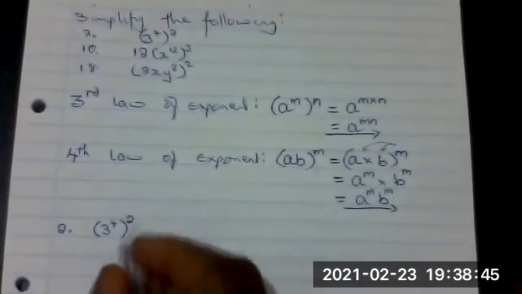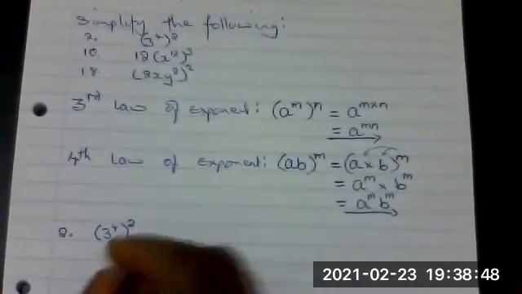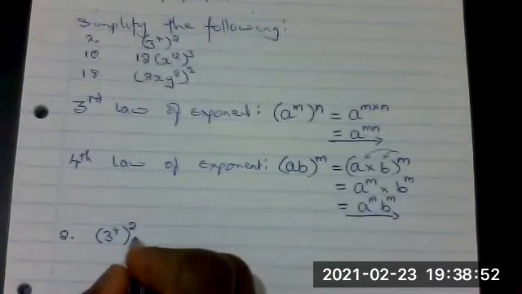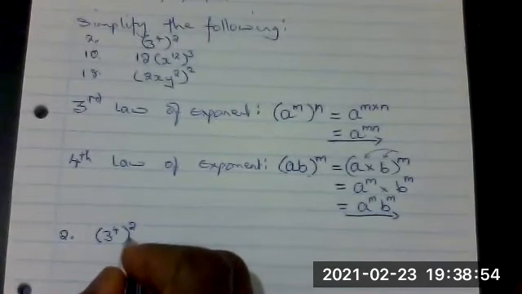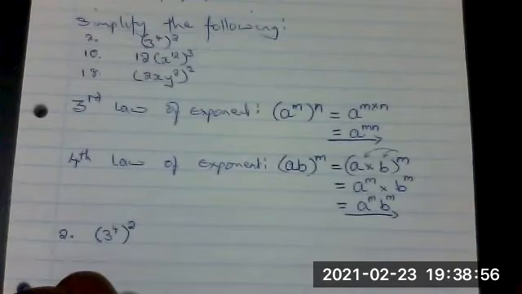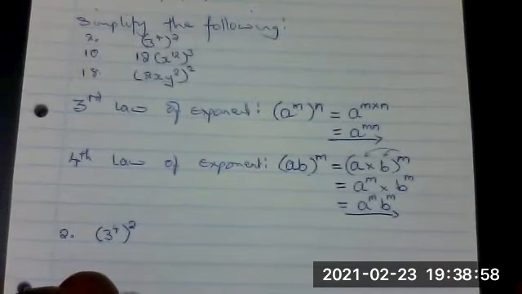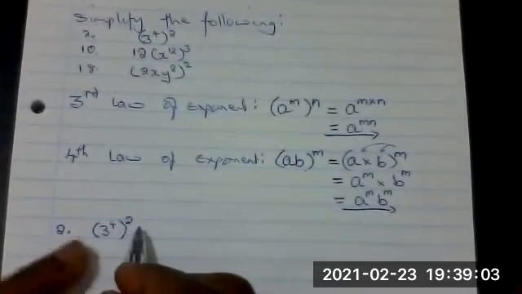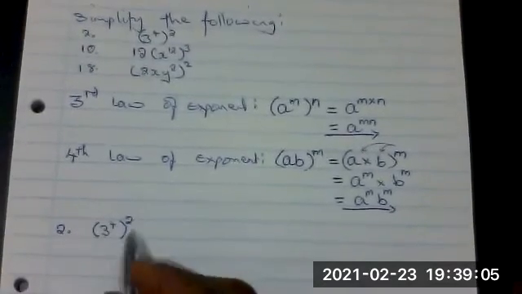So this is 3 to exponent 4, and everything is raised to exponent 2. It's like we are looking at the number inside the bracket.